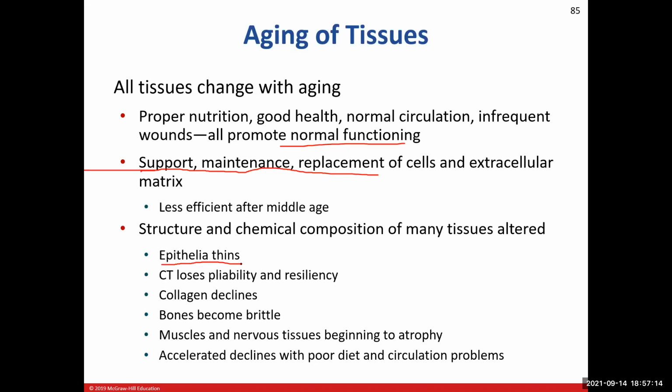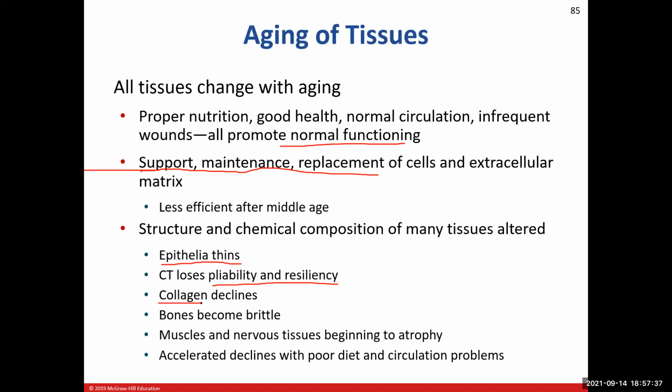Well, what else is in our skin? Protein fibers. The connective tissue is going to lose its pliability and resiliency. What does that mean? What gives the skin its resiliency? Collagen. Collagen production decreases. What gives skin its pliability?